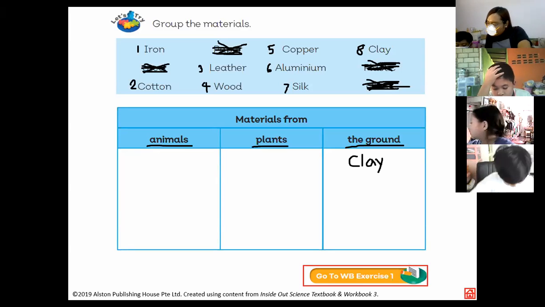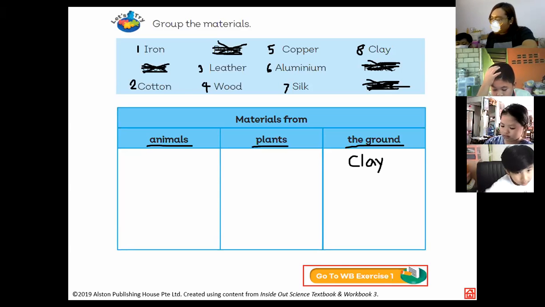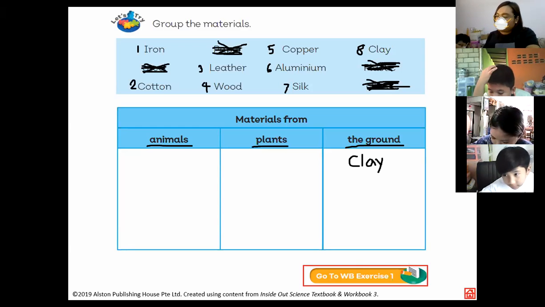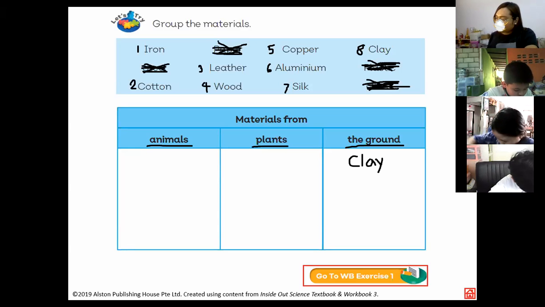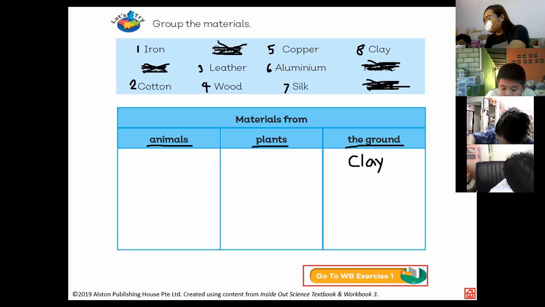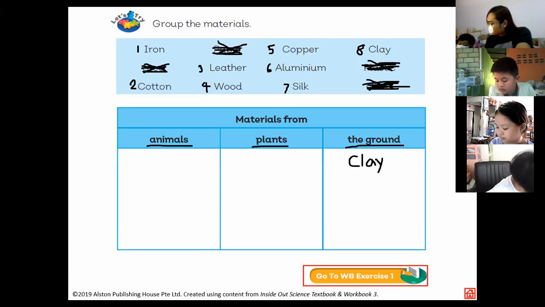Cotton, is it from the animals or is it from plants? Cotton. Look at the class. You can also look at the picture in your book. Cotton, is it from animals, plants, or ground?